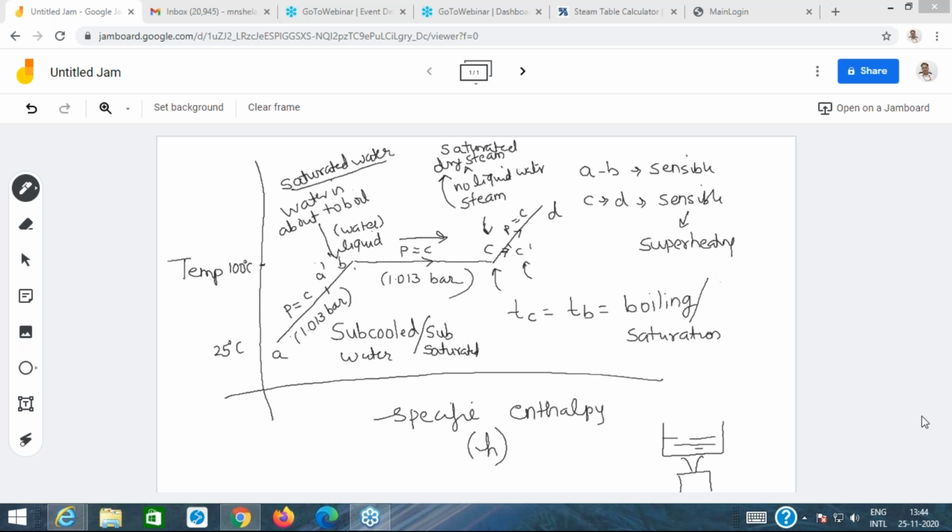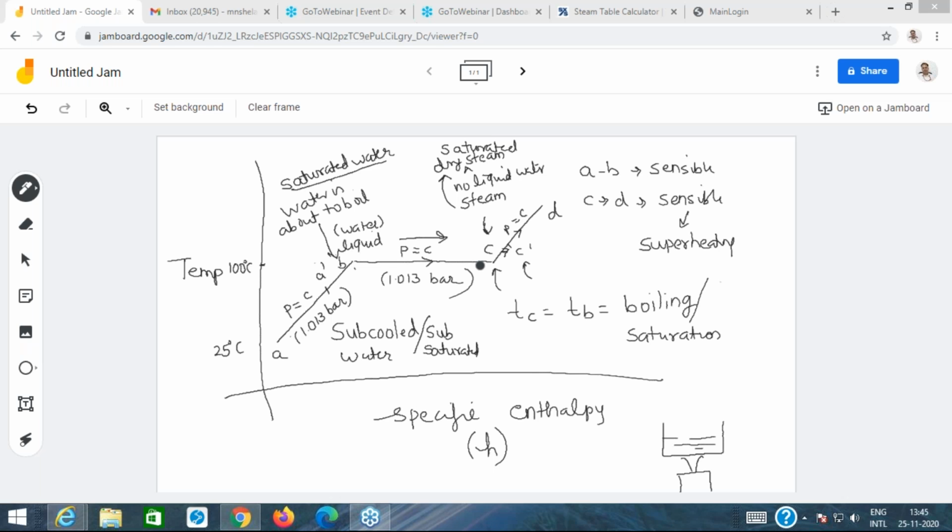So if you remove certain heat, let us say the steam is at a dry saturated state. If you cool it, then the steam would start condensing. So we can say that the state C is the state of steam which is about to condense if you remove the heat.